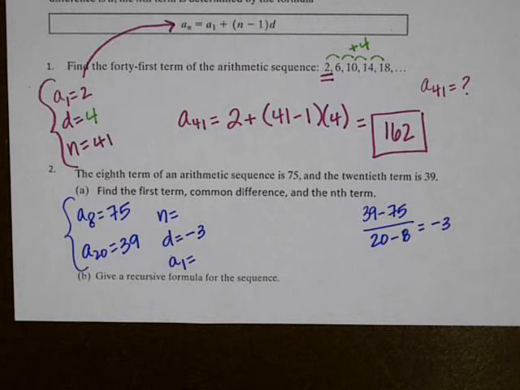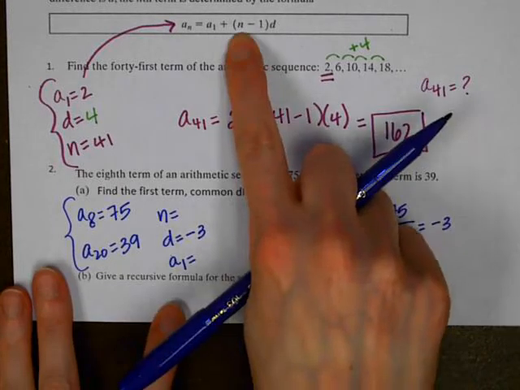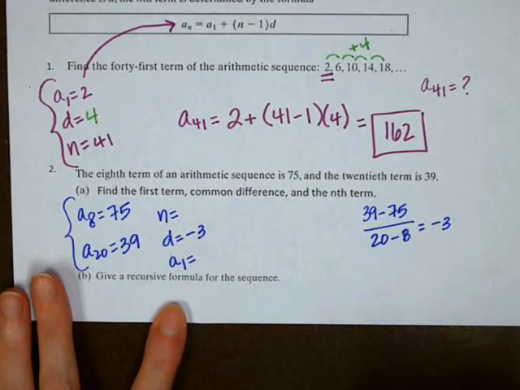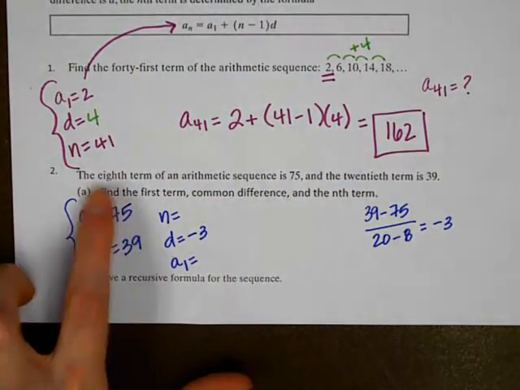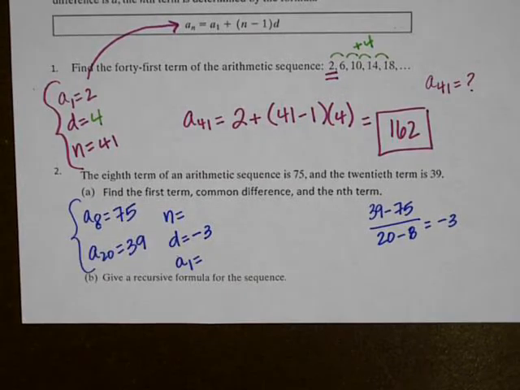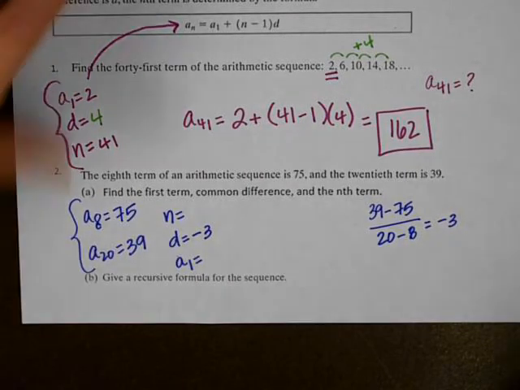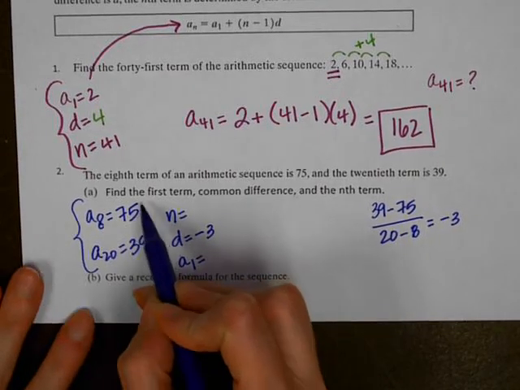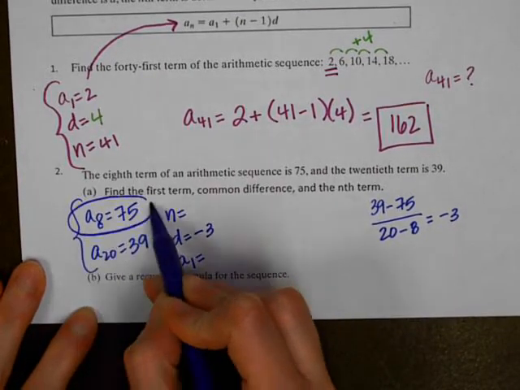And then I'm just going to use this formula to plug in everything I know to try to find A sub 1, right? Because we're trying to find the first term. Okay, so then I'm going to pick one of these to use. And why don't I just use this first one?